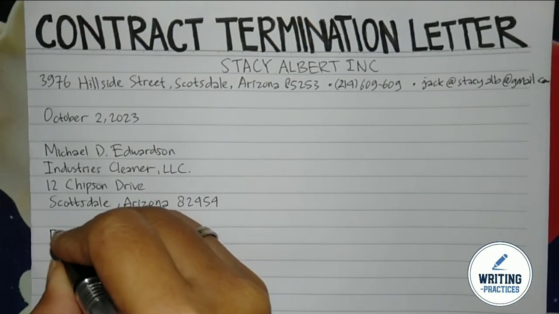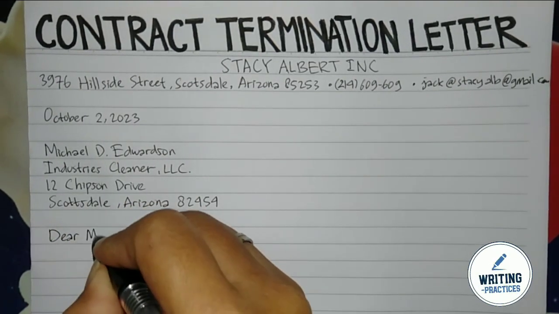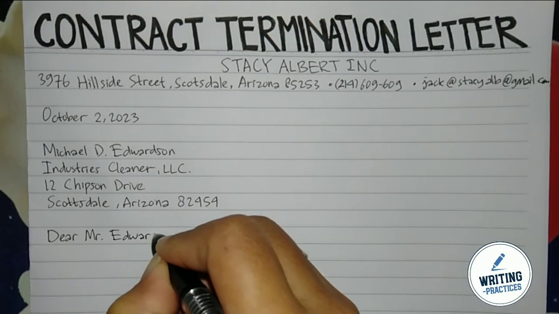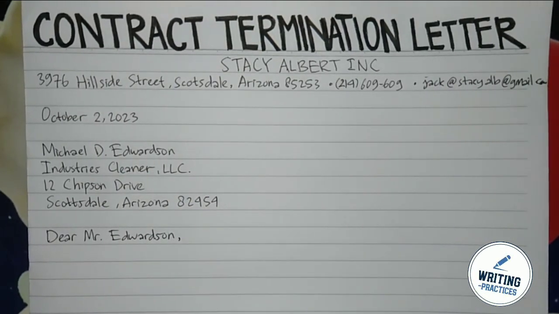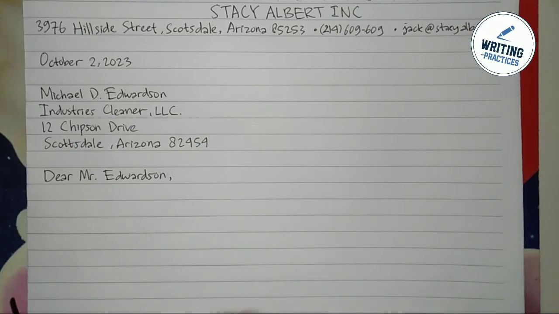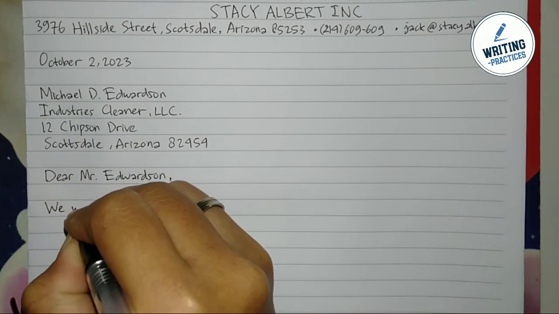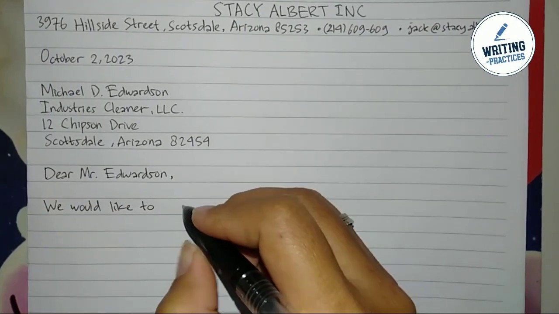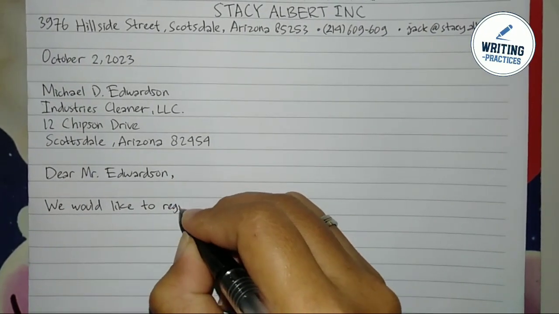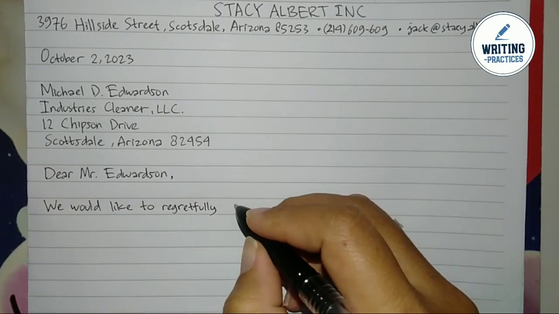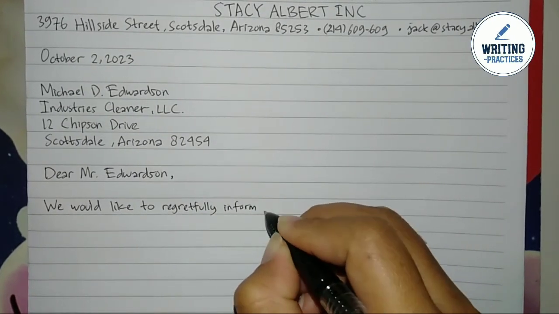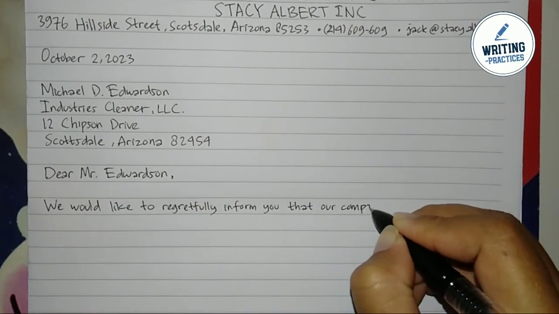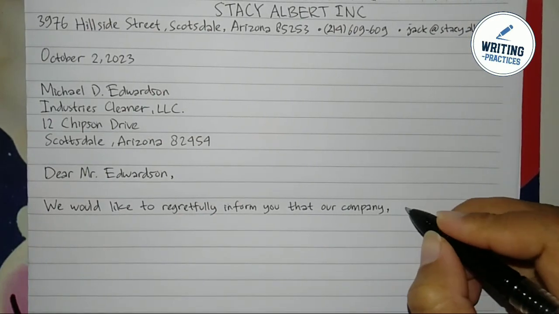And now, you can open the letter with salutation like Dear Mr. or Mrs. or Ms., followed by the last name of the recipient. In the first paragraph, state clearly and straightforwardly that you or your company wants to terminate the contract. When you deliver this message, you must mention the names of both companies which are parts of the contracts.